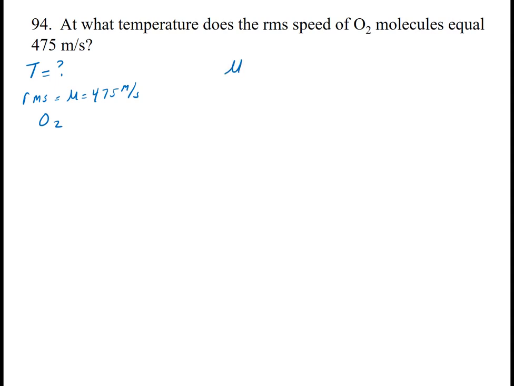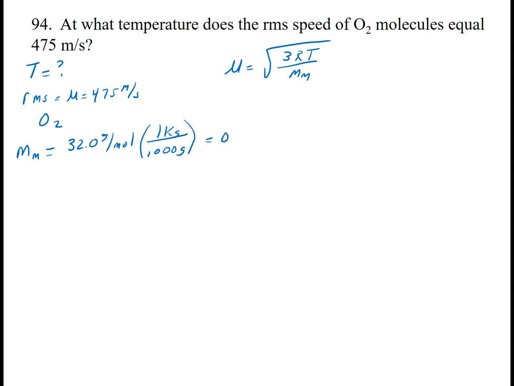The formula is mu equals the square root of 3RT over the molar mass. For oxygen, the molar mass is 32.0 grams per mole, 2 times 16, which is 0.032 kilograms per mole.